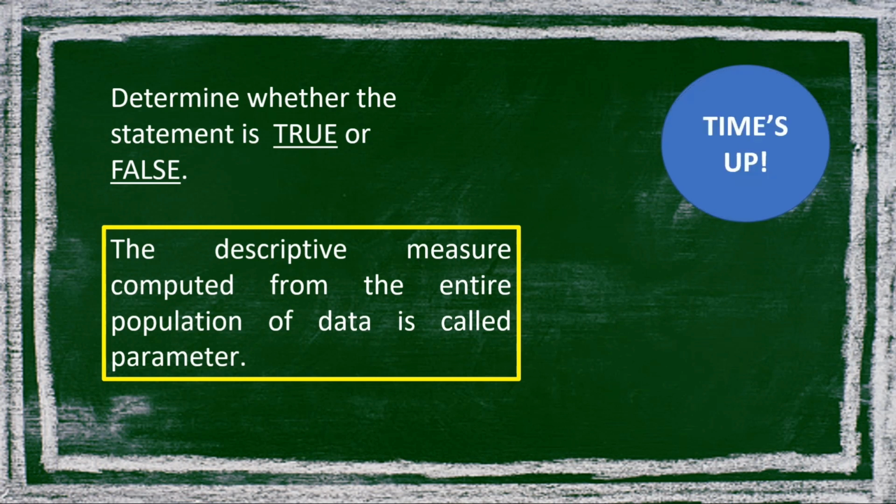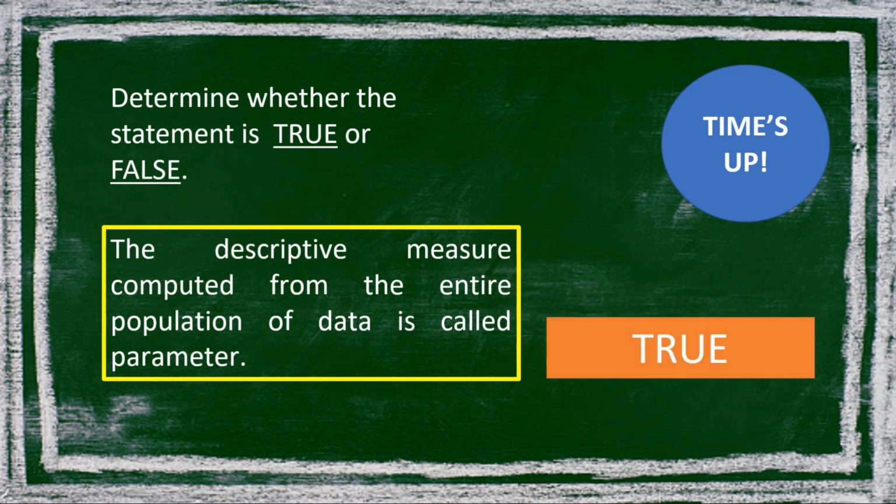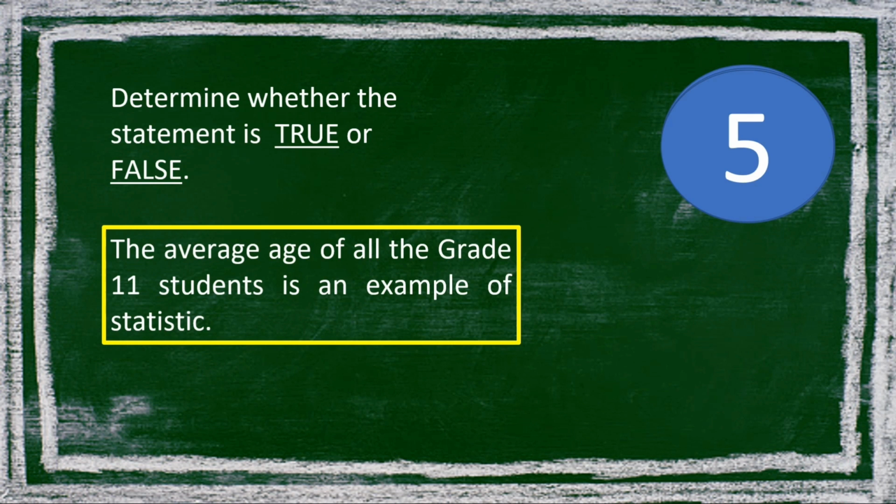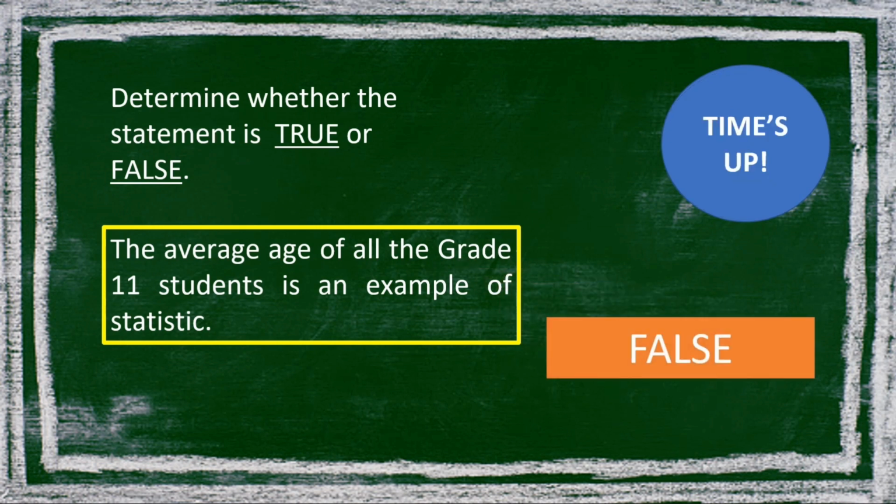Time's up. The answer is true. Next item. The average age of all the grade 11 students is an example of a statistic. True or false? Time's up. The answer is false.